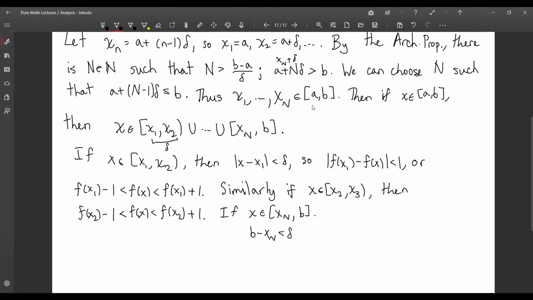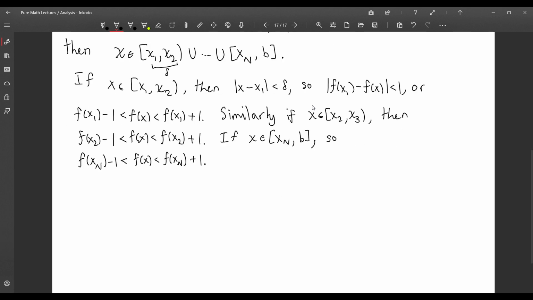So b minus x sub n is less than delta. So we can apply the same result here. f of x sub n minus 1 is less than f of x is less than f of x sub n plus 1.